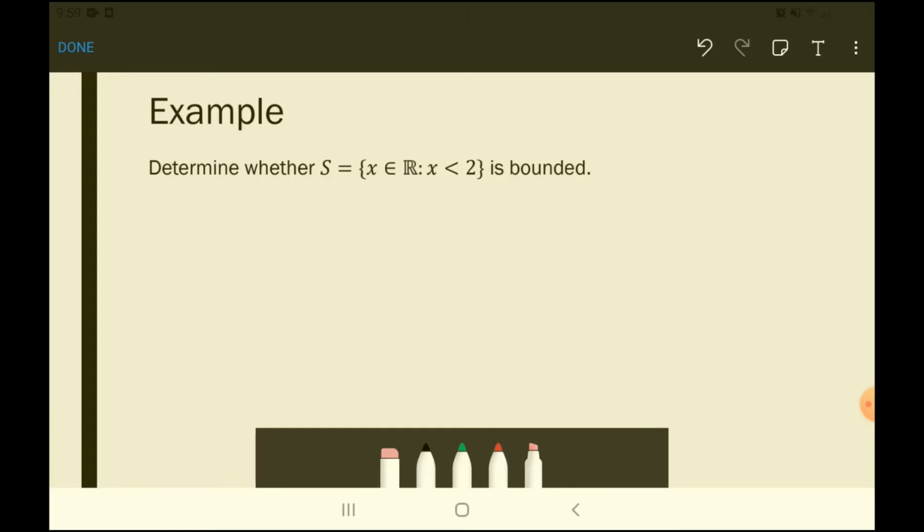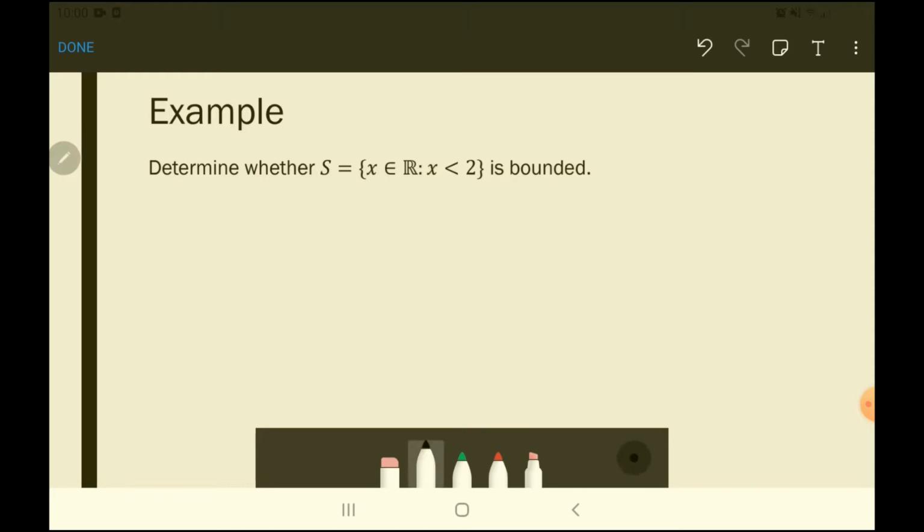What we need to figure out is, does it have an upper bound and does it have a lower bound, right? If it has both, that means this set is bounded. But if it does not, then it's not bounded. So let's understand the set first.